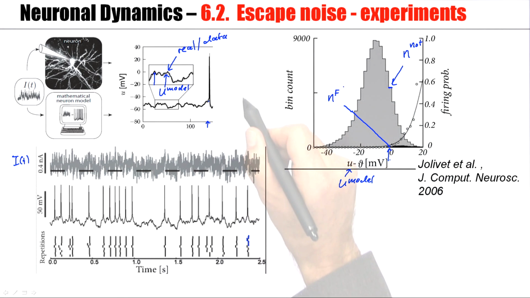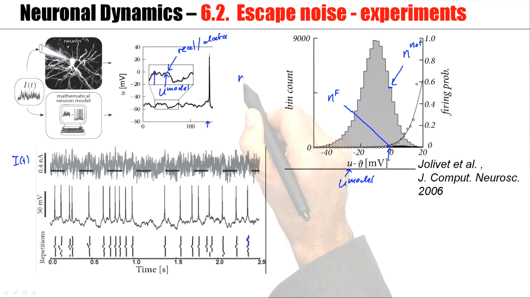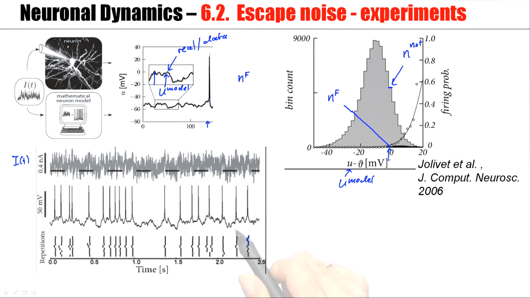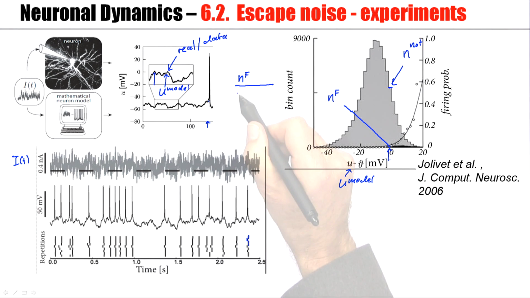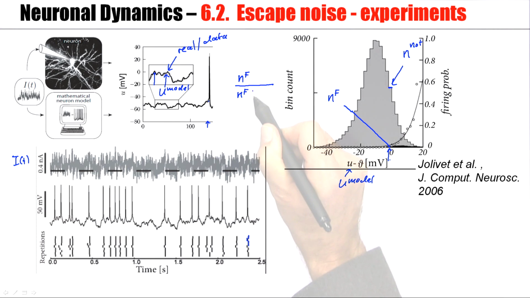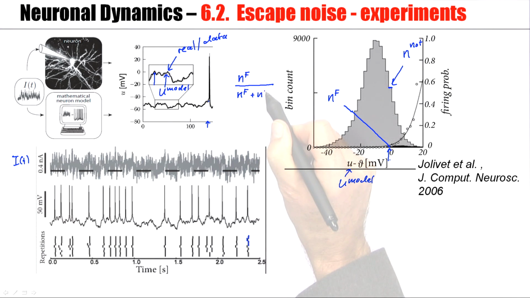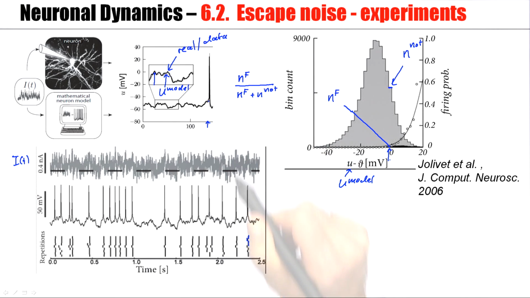Now let's compare the number of bins where the neuron fired to the total number of bins that I found at this voltage. Well, the total number of bins is those where the neuron fired, plus those where the neuron did not fire.